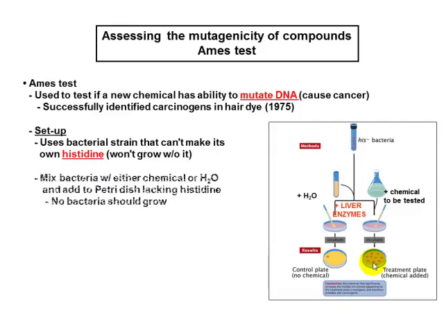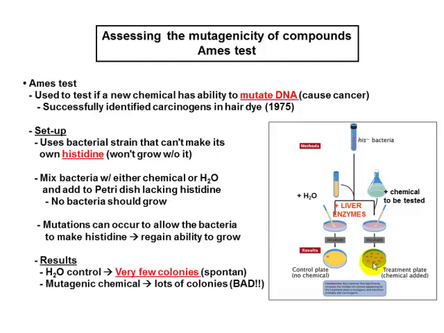Now there is a problem with this Ames test because it's testing the chemical in bacteria. Now we are far away from the bacteria, I mean as bodies. So whatever works on the bacteria here may not be seen as carcinogenic in an animal.